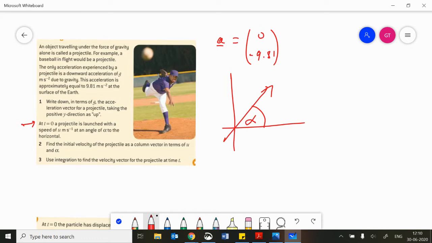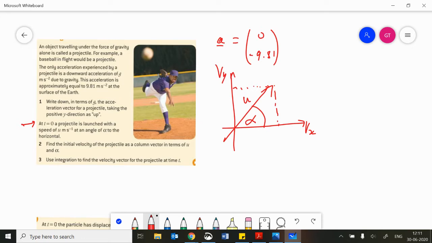Okay, so let's have a look. We've got alpha here, and we've got the length of u. Now we can see what's happening in the X direction and what's happening in the Y direction. This is our X direction, and this is our Y direction. In fact, let's go one step further. This is your velocity in the X direction. This is the velocity in the Y direction.